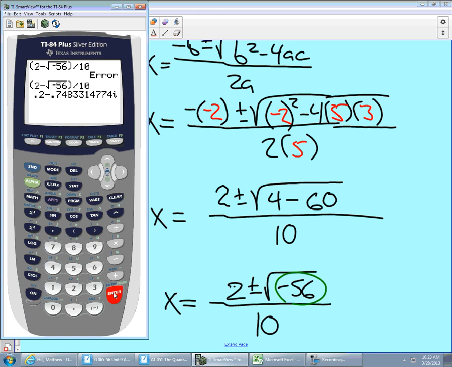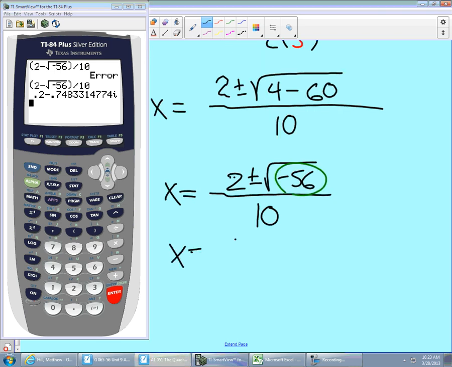The solution is this value: x equals 0.2 minus 0.74, and I is the little guy that shows up on that. That's basically announcing that, hey, something went wrong in the answer, and part of the value went imaginary. That's what the little I is for.